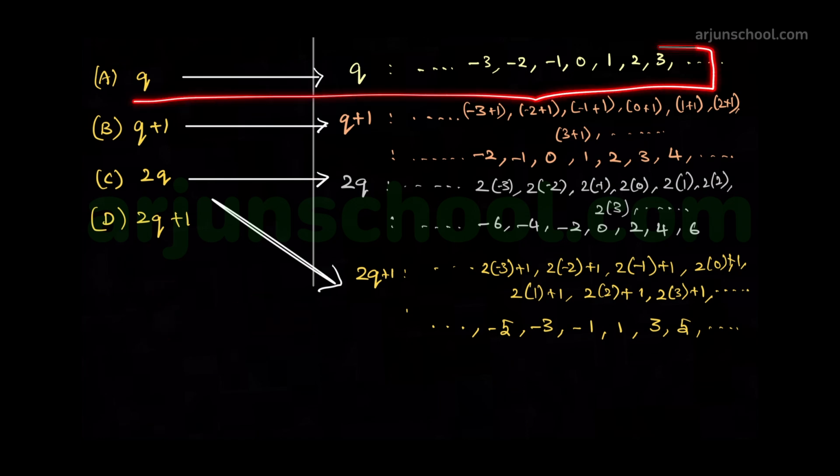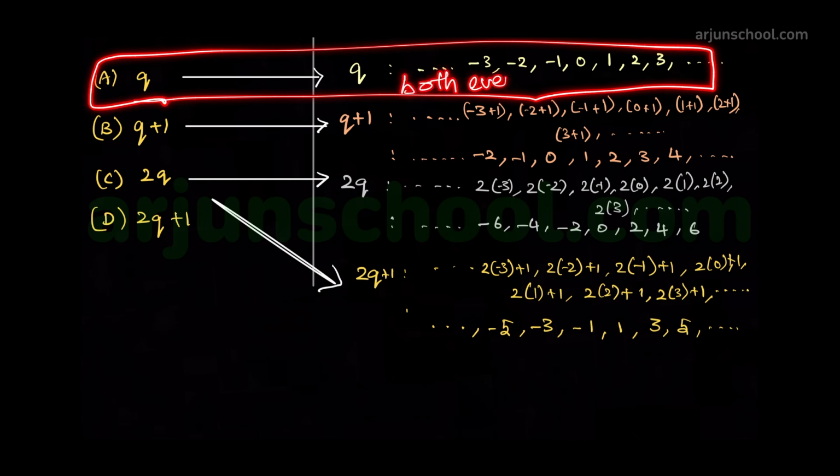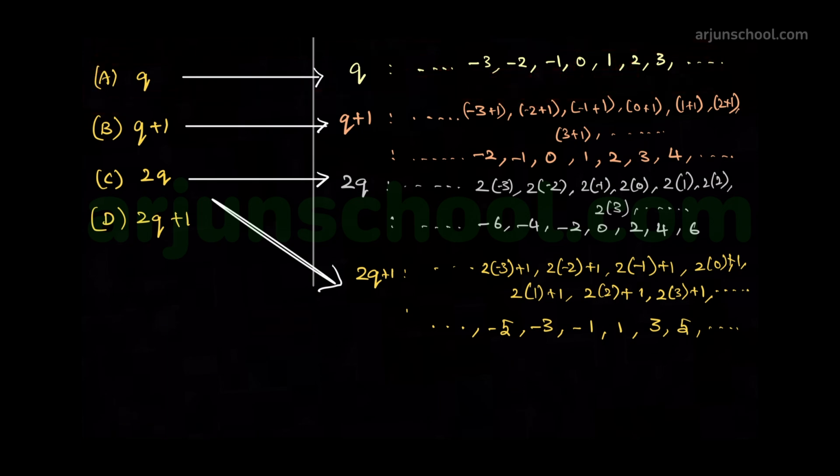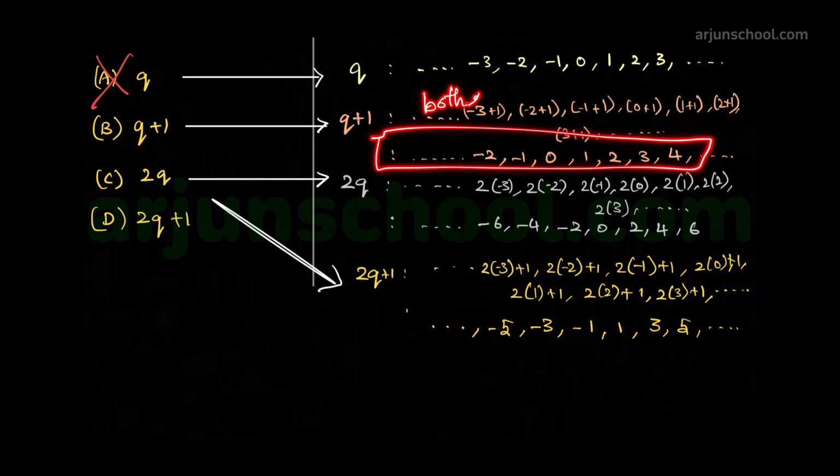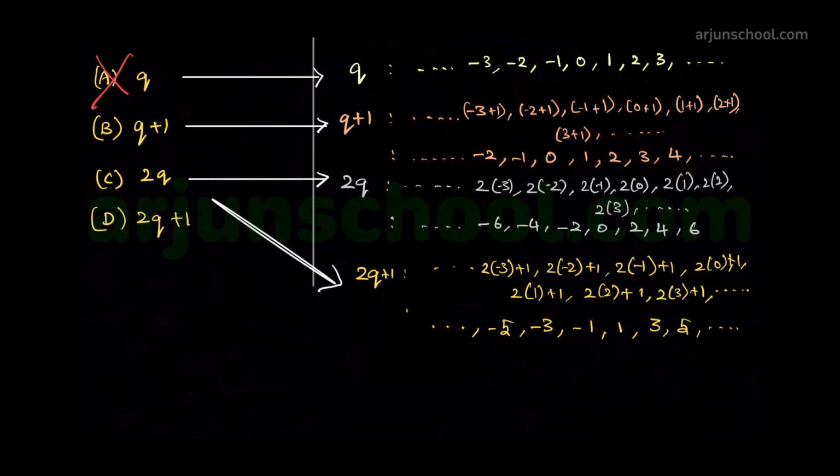First option q contains both even and odd integers. Not correct answer. The second option q plus 1 also contains both even and odd integers. Not correct answer. The third option 2q contains only even integers.